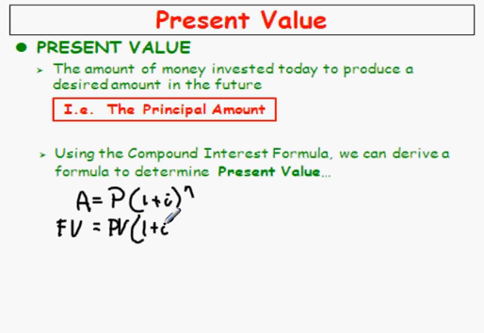So it's the same formula, just using different letters to represent the same values. And we can rearrange this for present value. If I'm going to get present value by itself, I have to divide both sides by 1 plus i to the n. Okay, so there's my formula for present value, if you're ever solving for the principal.